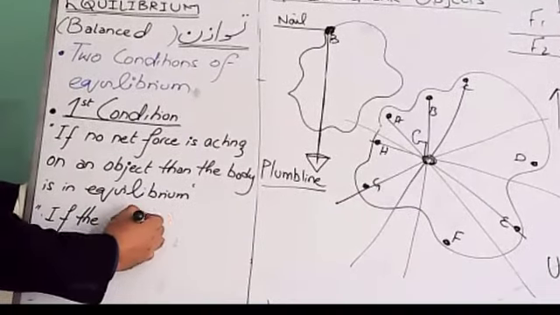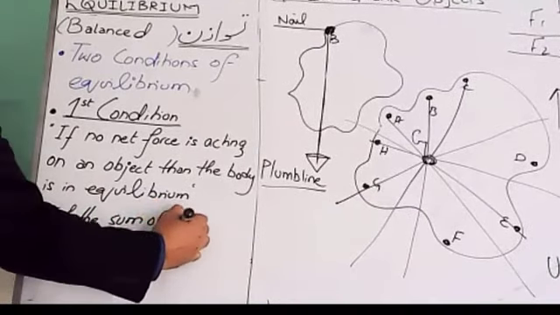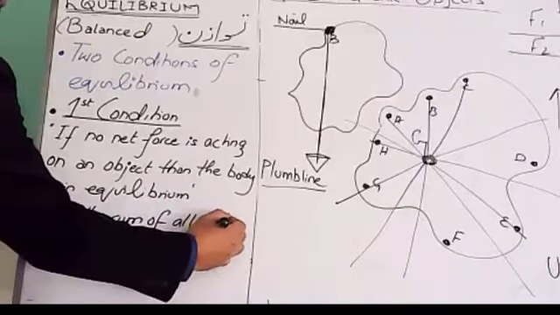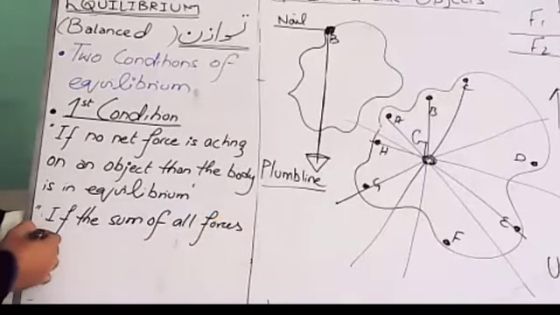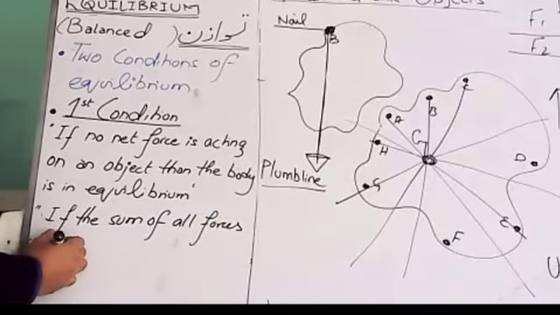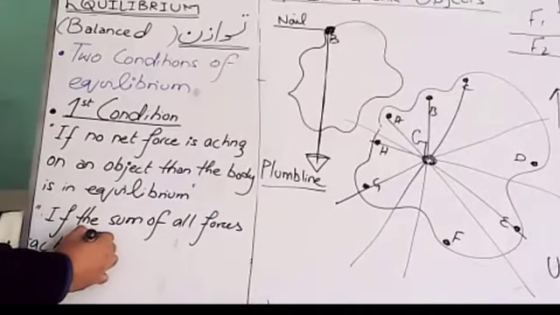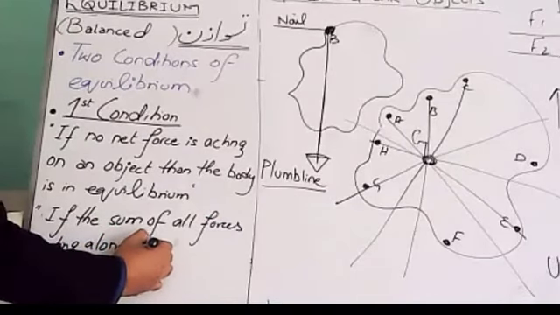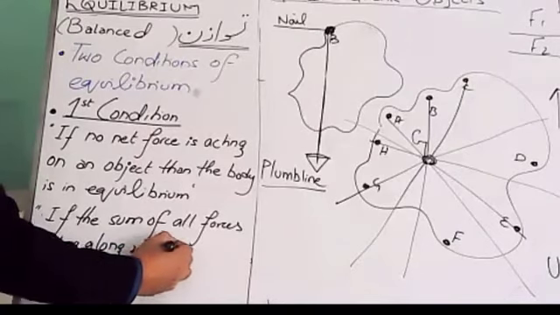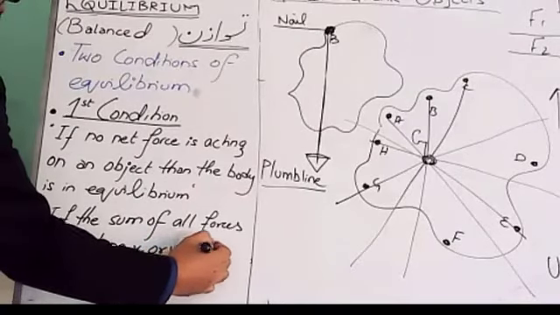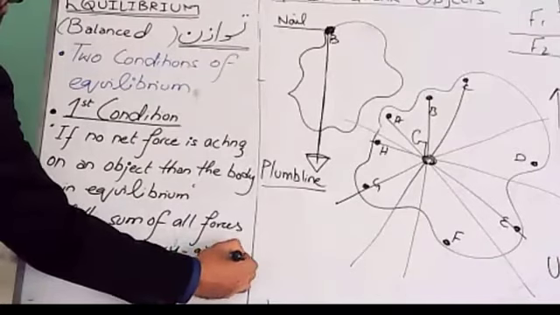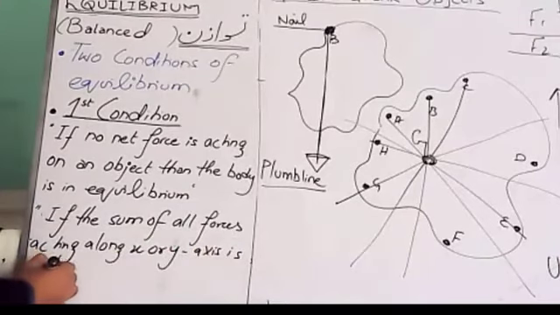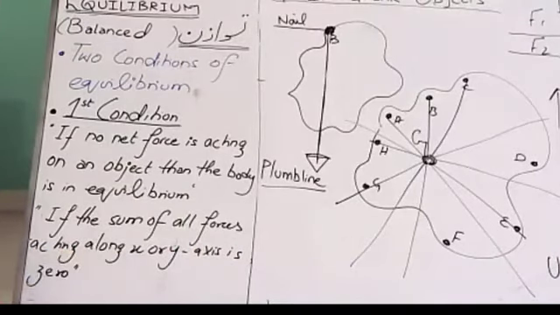If the sum of all forces acting along the x or y axis is 0, then the object is in which state?